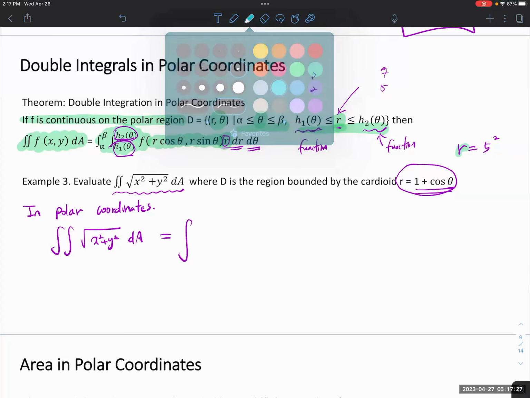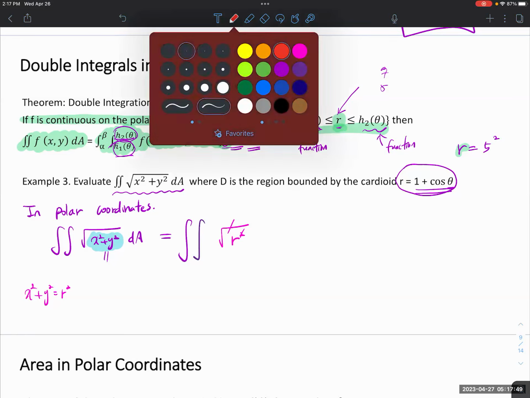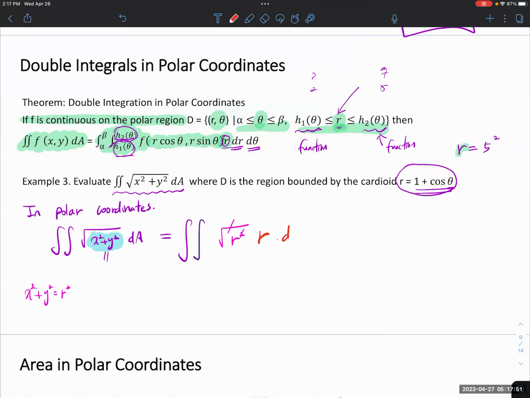This one, we can already change it to r squared. We know that x squared plus y squared is r squared. So here's a double integral, and I do have the radical of r squared. So basically it's r because the radical and the second power will cancel. And then keep going. We have to multiply by r and then dr d theta.